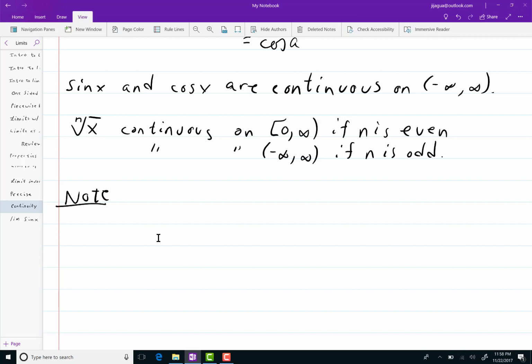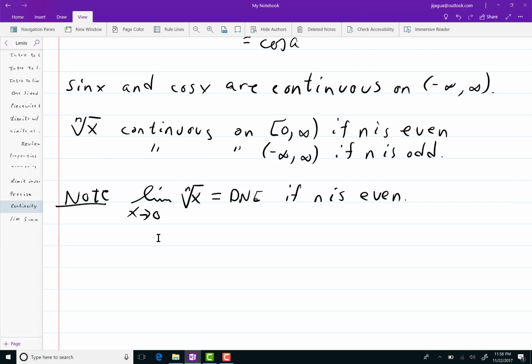Please note, the limit as x goes to 0 of the nth root of x does not exist if n is even.